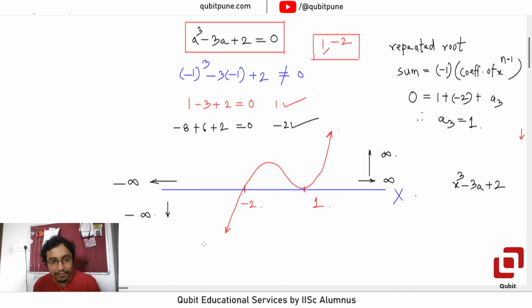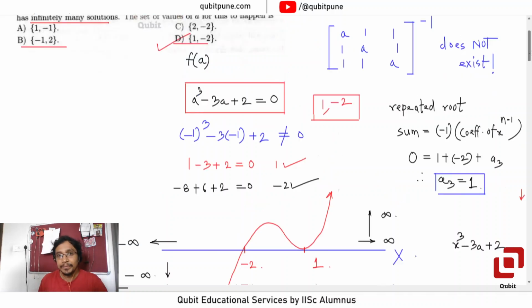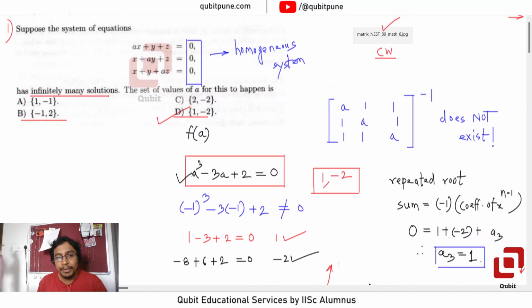Now if they had given something like this, here minus 2 is the double root and 1 is the single root. Now this option would have been there definitely, but you need to select the one where 1 is the double root and not minus 2. Okay? That means arriving at this cubic polynomial is something that you need from matrices.